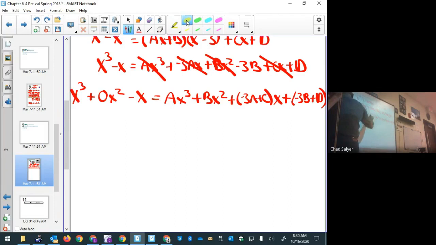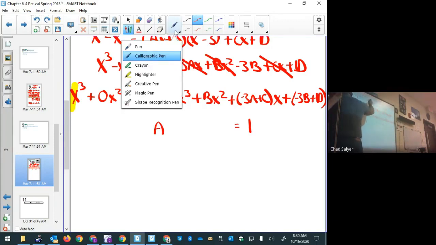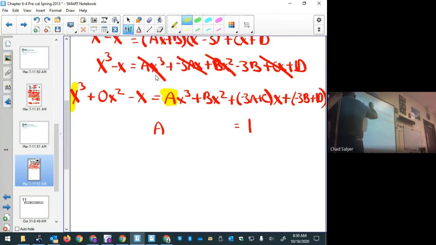Okay, so I've got A is equal to 1 because the coefficient of x cubed here is 1. The coefficient of x cubed here is A. So I've got a system where A equals 1. And then I've got B equals 0.